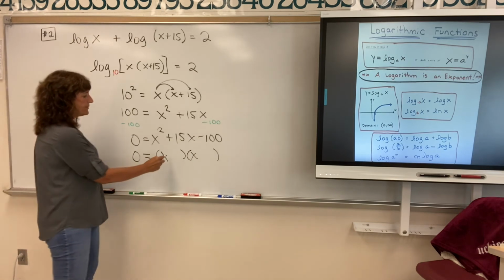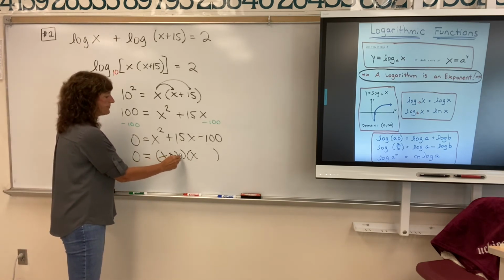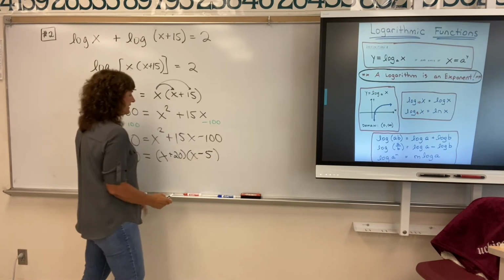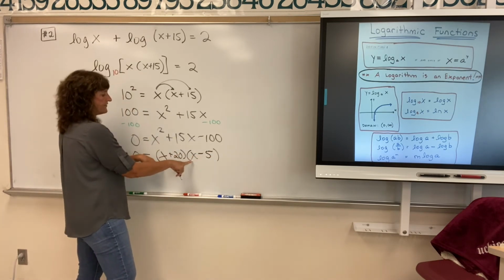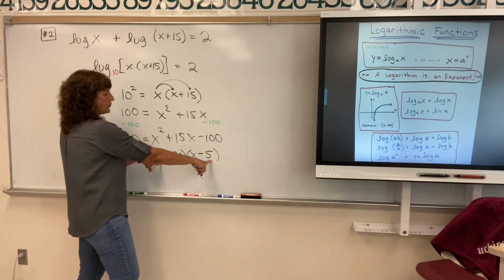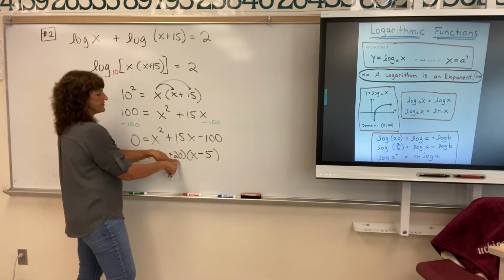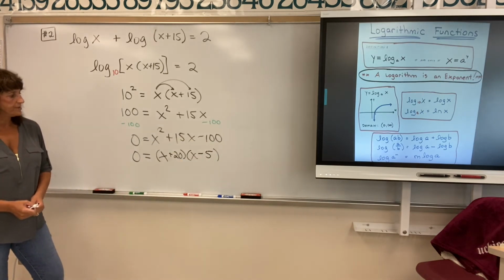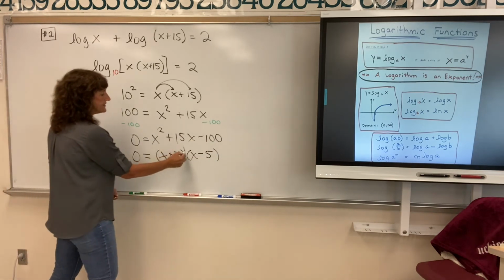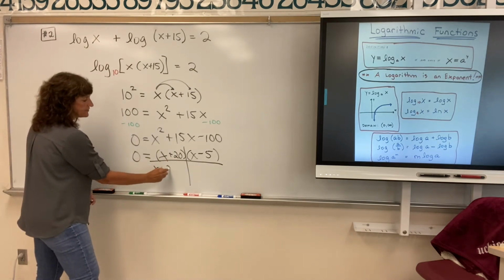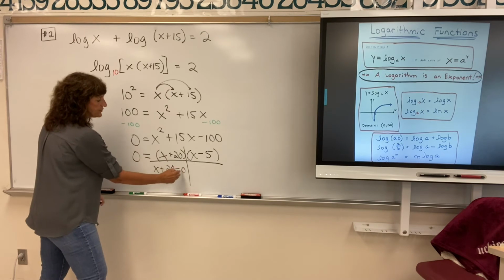Let's try positive 20 times a negative 5. So you have x squared here, and then 20 x's take away 5 x's is 15 x's, and 20 times negative 5 is negative 100. To get your solutions to the quadratic, you take each of the factors, set it equal to 0 and solve.